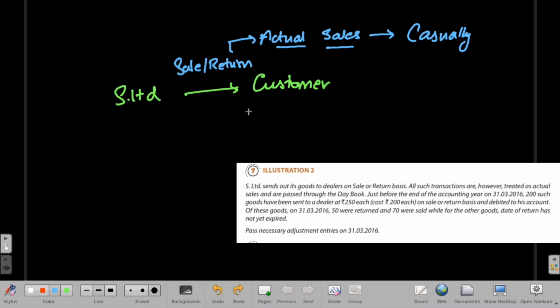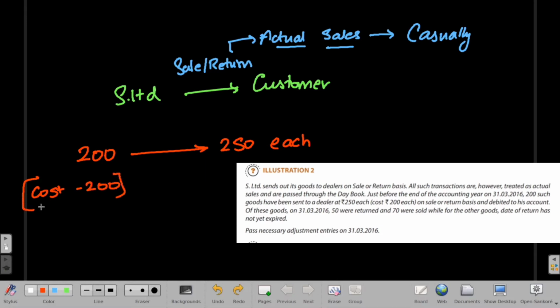And then, just before the end of the accounting year, 200 such goods have been sent to a dealer. So S Limited has sold 200 goods on sale or return to the customer for 250 each. And the cost they have given is 200.